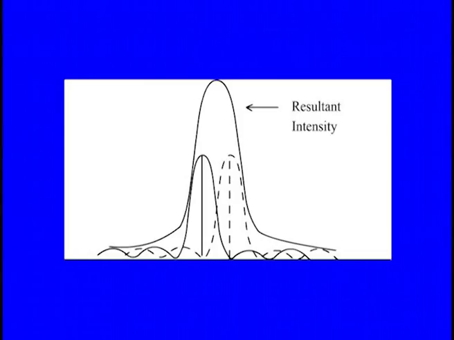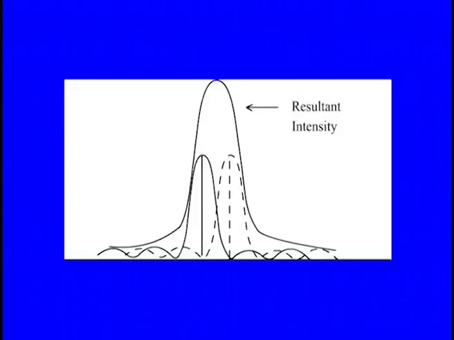The resultant intensity curve exhibits no dip but only one maximum in the center, thereby indicating as if it is a diffraction pattern of only one spectral line. Thus, under this condition, the two spectral lines are not resolved in their diffraction pattern.